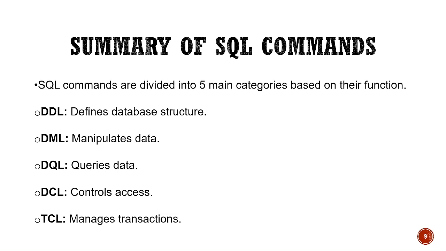Whenever we want to undo our changes, at that time we can use rollback. And then savepoint is used for saving the exact location up to where we want to undo the changes. So this is all about SQL commands.